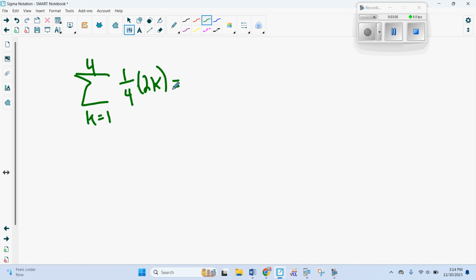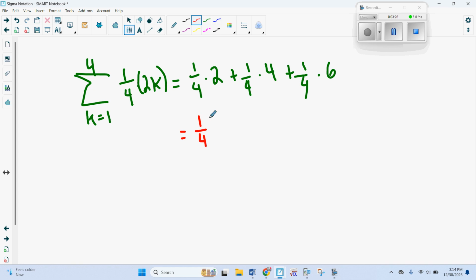If I wrote out my terms, this would be 1/4 times 2 plus 1/4 times 4 plus 1/4 times 6, and so forth. Now, one of the things you'll notice is every single term has 1/4 in it. So I could factor out the 1/4 and just have 2 plus 4 plus 6. The last one would be plus 8.